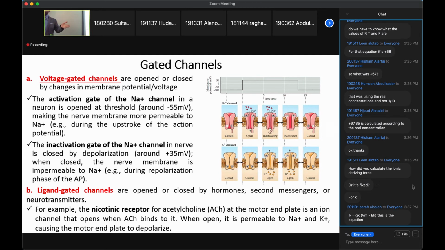There are also other channels which are mainly responsible for the synaptic. We will explain tomorrow about synaptic neurotransmission, which involves the ligand-gated ion channels, okay?